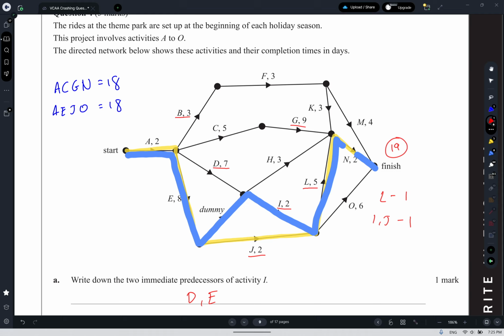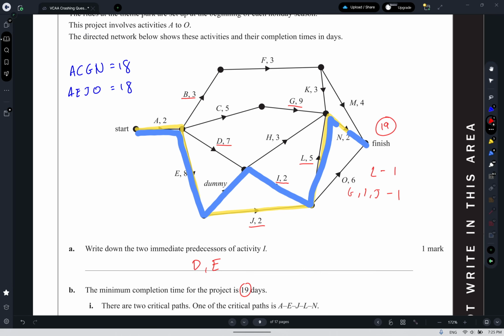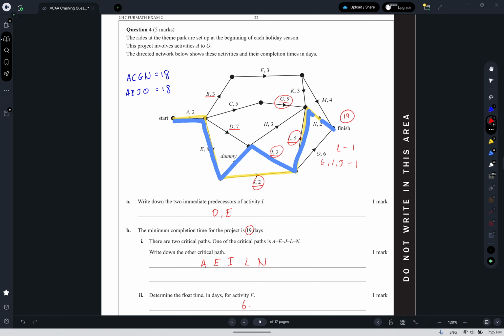Keeping in mind that as soon as I've reduced L by 1, the ACGN route becomes critical, as does the AEJO route. So I'm going to have to reduce I and J and G to reduce those 3 routes by 1 each. So I've got L by 1, GIJ by 1. D is not critical, nor will it become critical, and B is not critical, nor will it become critical.